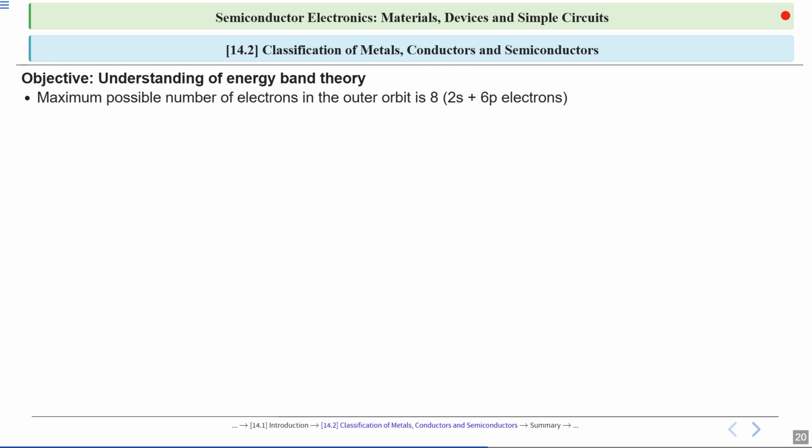In the outermost energy level of an atom, the maximum number of electrons that can be held is 8. This is because the outermost shell can have up to 2 electrons in the s subshell and 6 electrons in the p subshell, totaling 8 electrons.